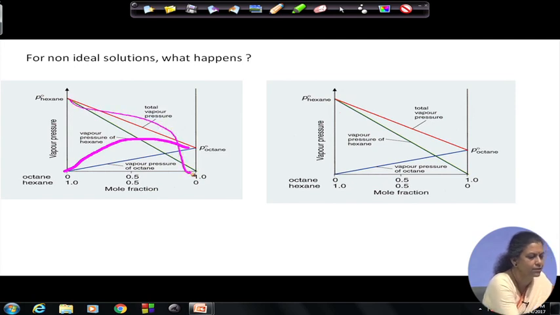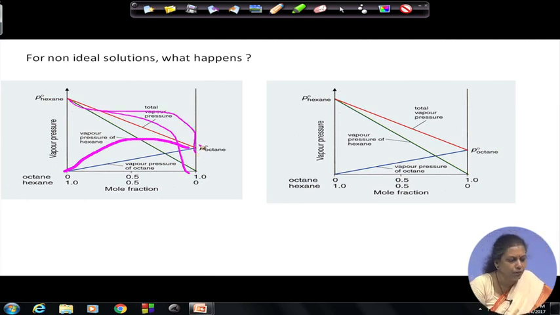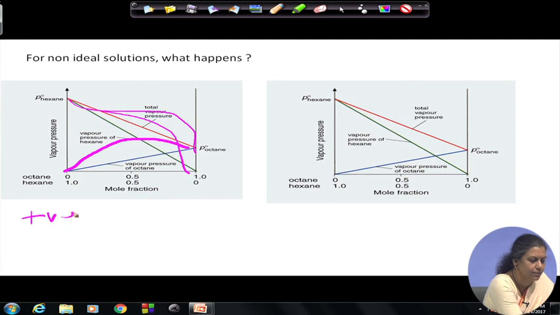And accordingly, since this happens, naturally the total pressure will also be higher as compared to the total pressure calculated from your ideal solution model. So, in this case, what do we say? We say that this exhibits positive deviation from Raoult's law.